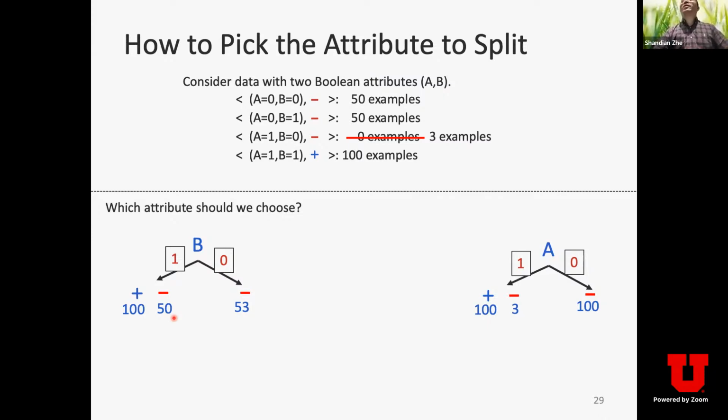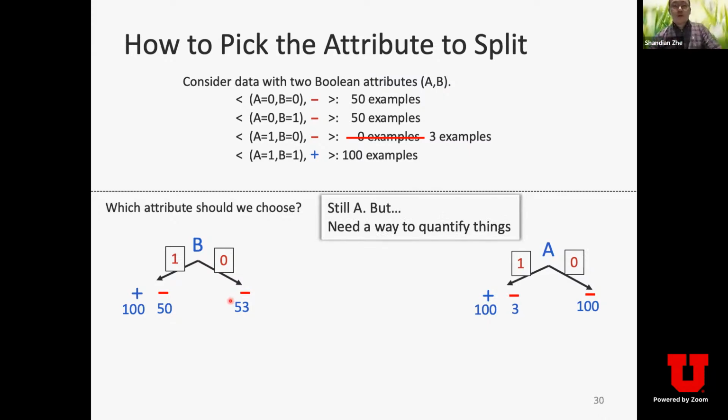Yeah, your intuition is right. We still believe A. Why? Because although both the positive left subset in A and the left subset in B are mixed label, you can see that in terms of purity, the label purity here is much, much better than the label purity here.